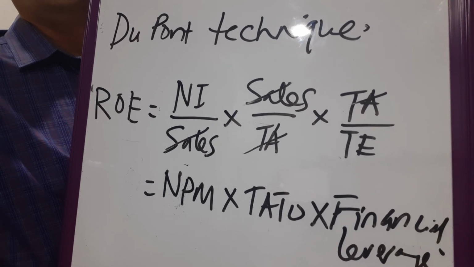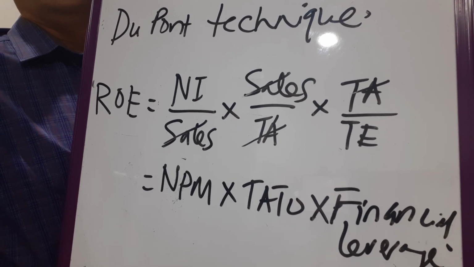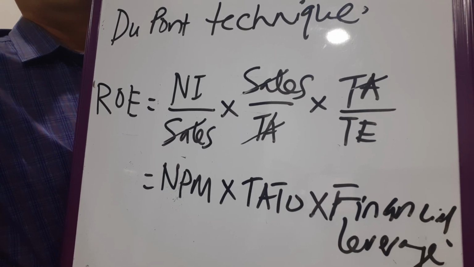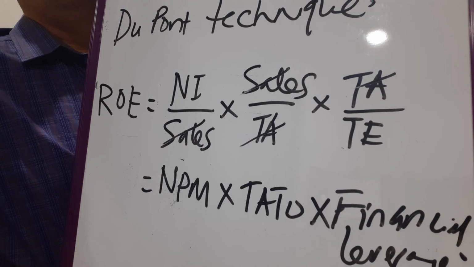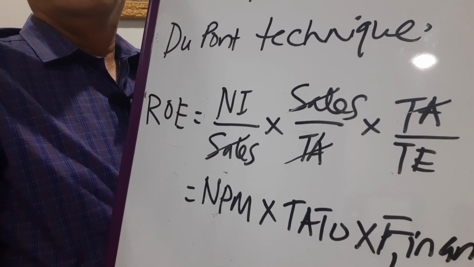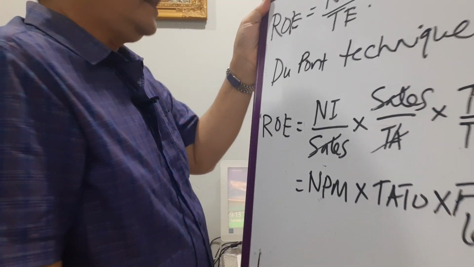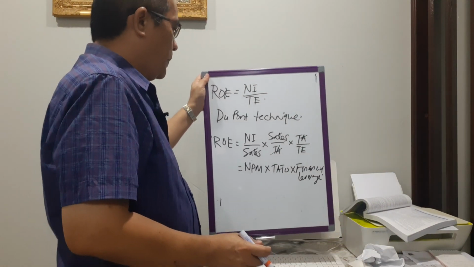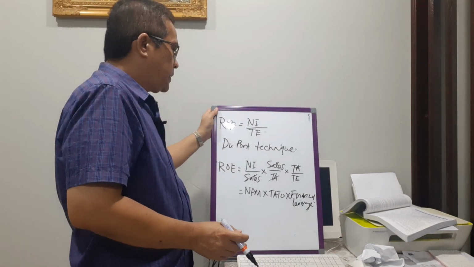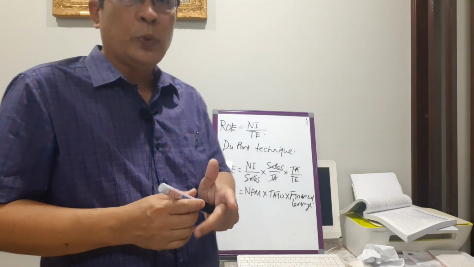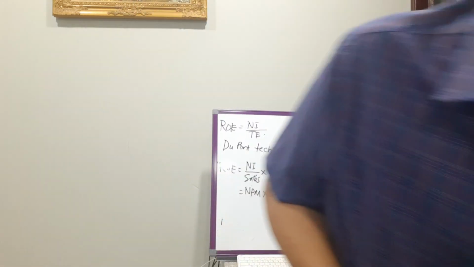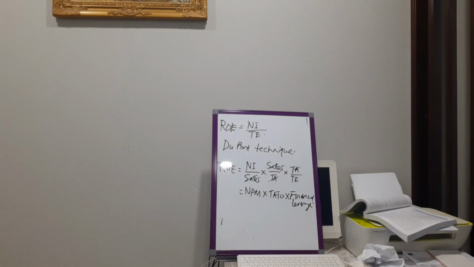Sales over total assets is total assets turnover, and total assets over total equity is known as financial leverage. Okay, let us take a look at the question from December 2019, a question related to this topic.